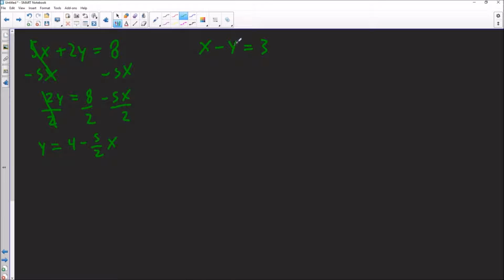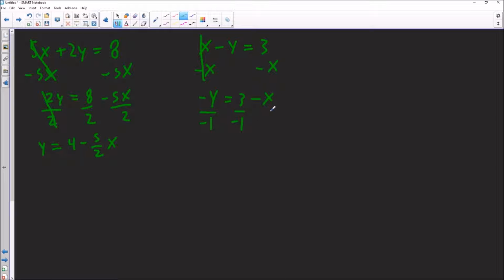Now let's look at this one. How do we get the y by itself? Well, we need to move the x over to the other side, so we're going to say minus x. That cancels those out. So then we have negative y is equal to 3 minus x. We still need to get the y by itself. So we have a little imaginary 1 in there, right? If you have a negative variable, there's a little imaginary 1. So we are going to divide by negative 1.